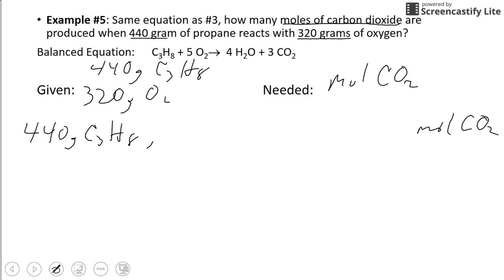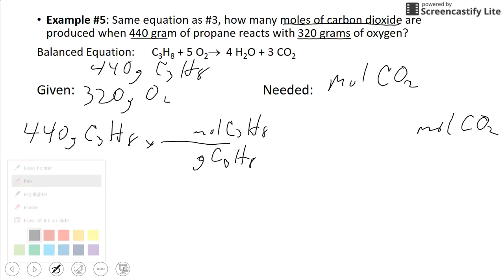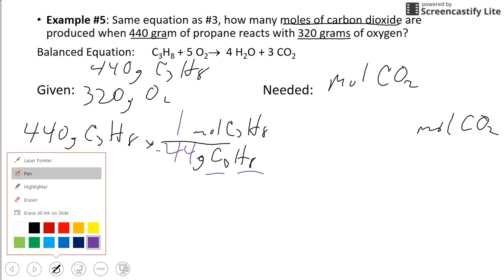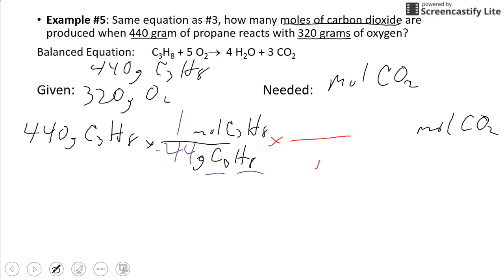The first step comes from the periodic table. Grams to moles of C3H8 is from the periodic table. And if we look up, that was 44 grams in 1 mole, 3 times 12 for the carbon, and 8 times 1 for the hydrogen. So it's 44 grams in 1 mole. That gets rid of our grams. Now we need to go from moles C3H8 to moles of CO2.